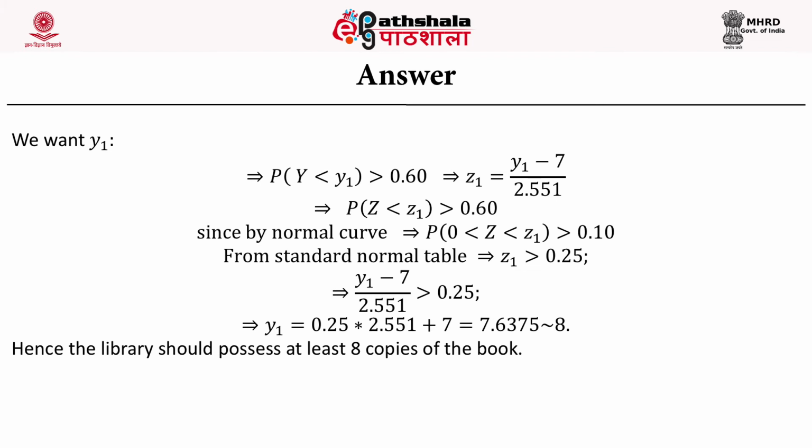So y1 is equal to 0.25 into 2.551 plus 7. Here we get the approximate answer as 7.63, which is approximately equal to 8. Hence the library should possess at least 8 copies of the book so that none of the students gets disappointed without having a book from the library.